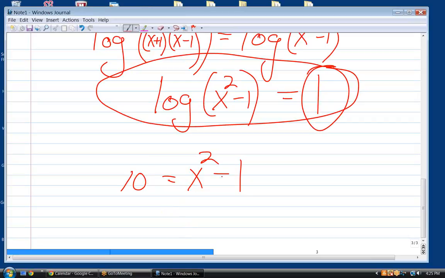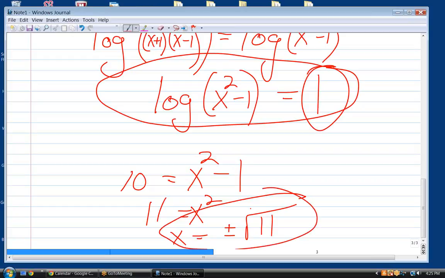If I solve this, I get x squared equals 11, x equals plus or minus the square root of 11. There's my answer, but be careful with logarithms. Almost always, one of the answers is extraneous. It doesn't work.